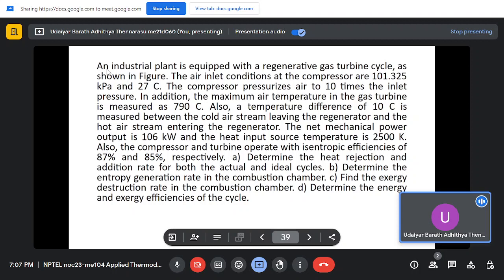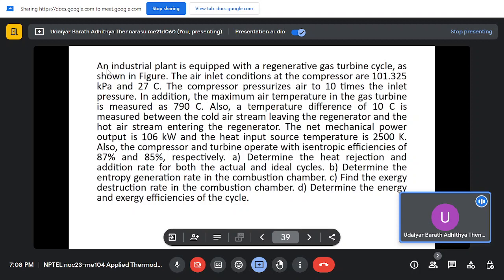The compressor pressurizes air to 10 times the inlet pressure, so the pressure ratio is 10.